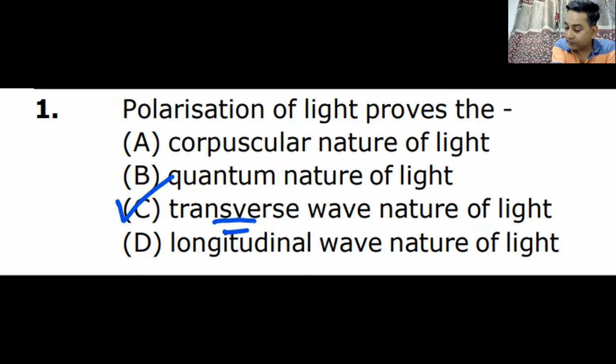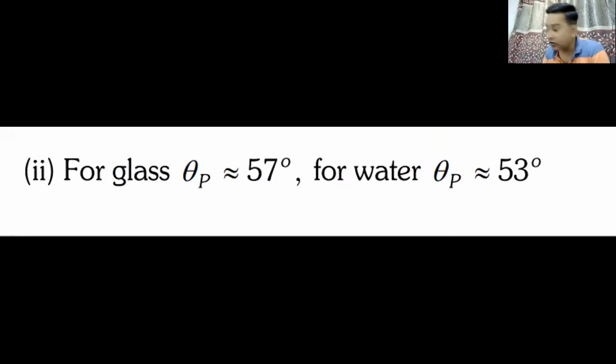One more important piece of information that you must remember is the Brewster angle for glass and water, because it might come as an information-based question. So just note this down. For glass, the Brewster angle is 57 degrees, and for water, the polarization angle is 53 degrees.